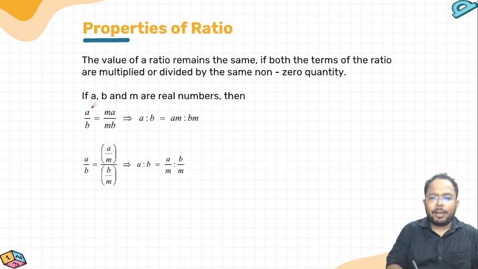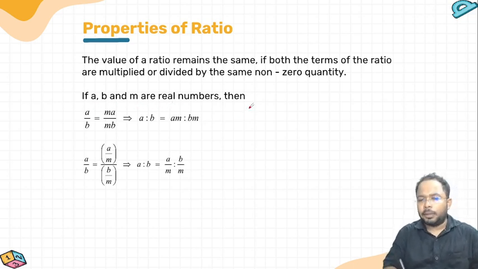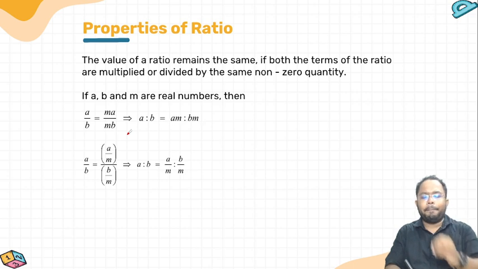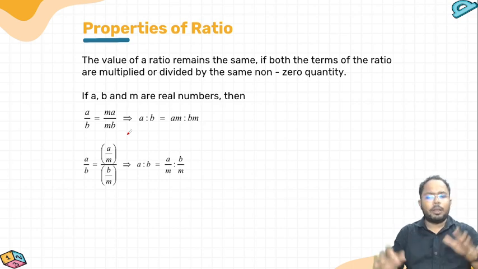Let's say A, B and M are real numbers, then A by B is equal to M times A by M times B. What we are doing is multiplying any real number M with A and B. Real numbers means all the numbers you have learned: whole numbers, negative numbers, positive numbers, natural numbers, integers, fractions, whatever you have learned. All these are real numbers.